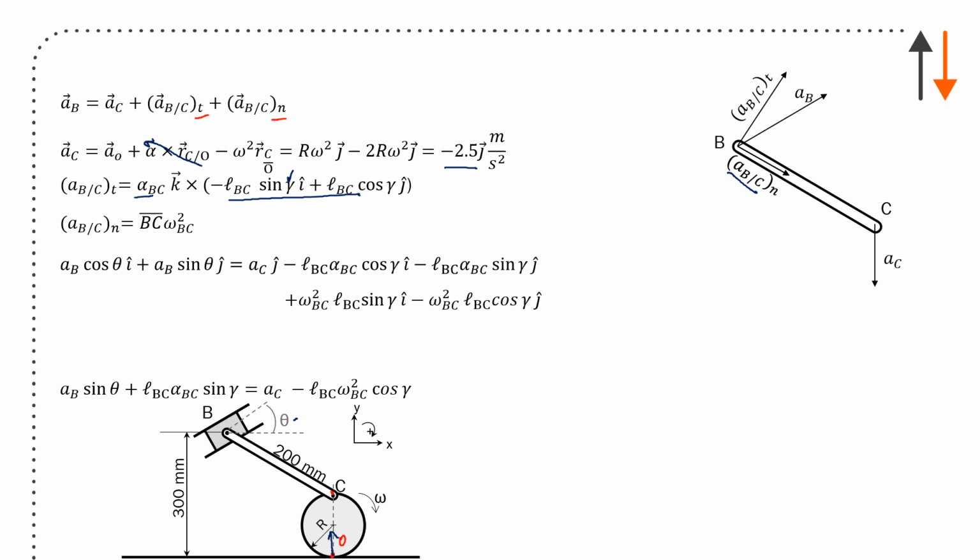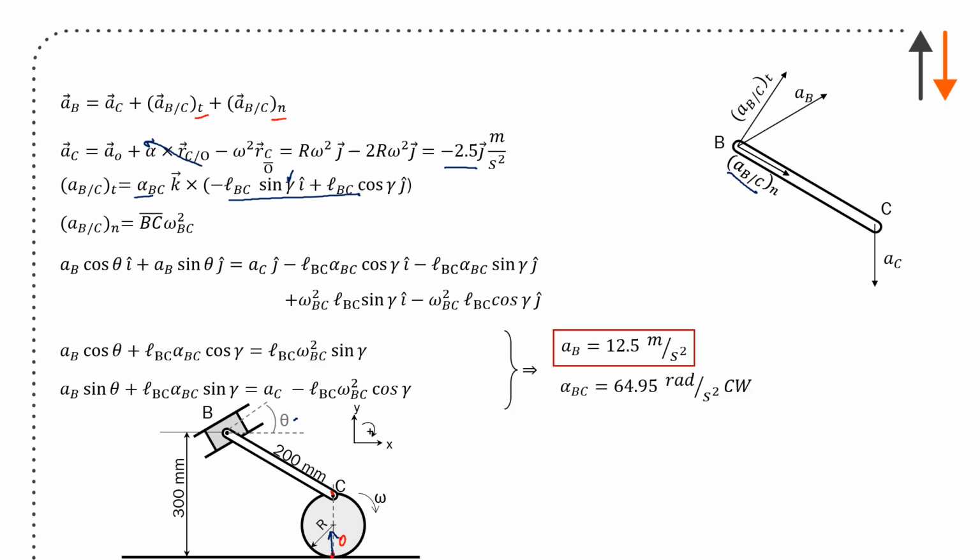So there's A_C J minus L_BC alpha BC cos gamma, L_BC alpha BC sine gamma J plus omega B squared L_BC sine gamma I, and I don't know why I did these hats, but okay, omega BC squared L_BC cos gamma J. So at the end, you end up with your X and Y components right there.